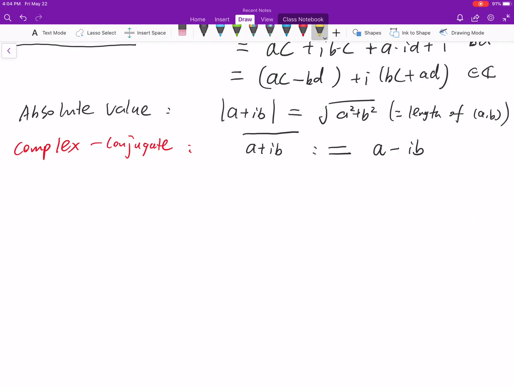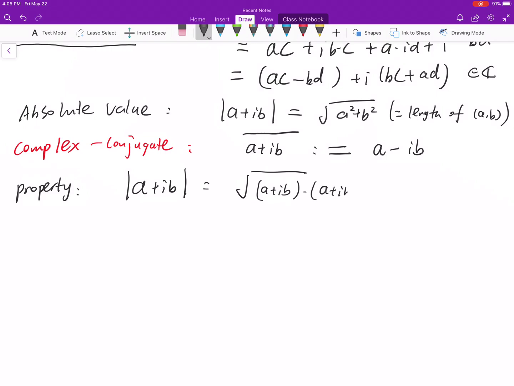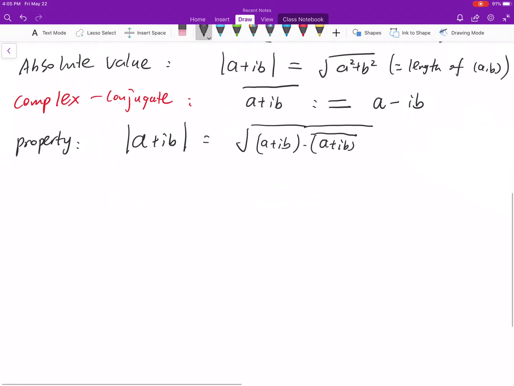Okay, then immediately you have the following property. The norm of a plus ib is the square root of (a plus ib) times (a plus ib) bar. You can just verify it.